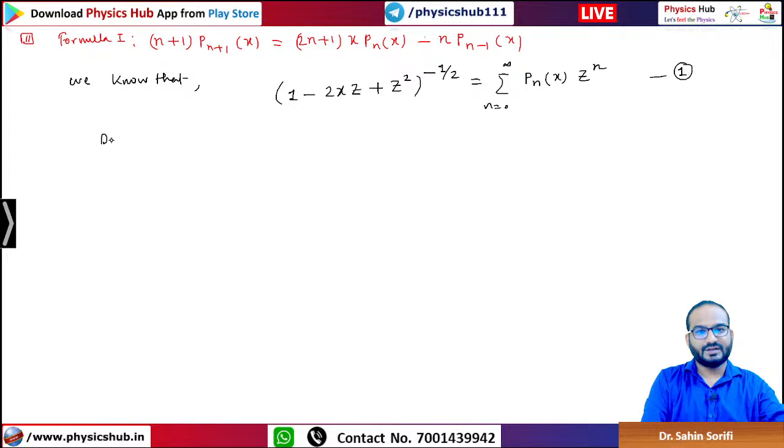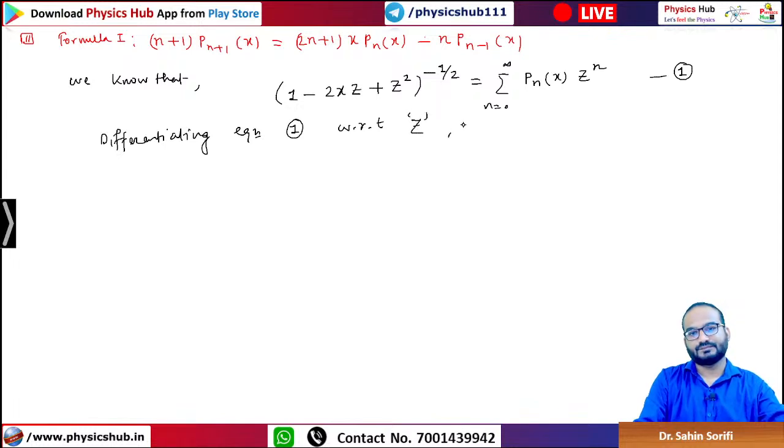Now differentiating equation 1 with respect to z, we get minus half (1 minus 2xz plus z squared) to the power minus half minus 1, that is minus 3 by 2.